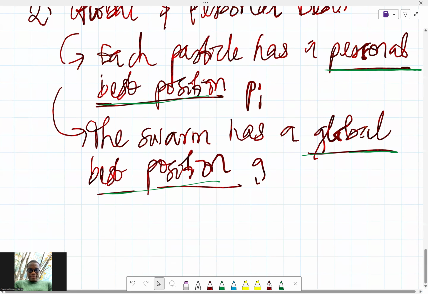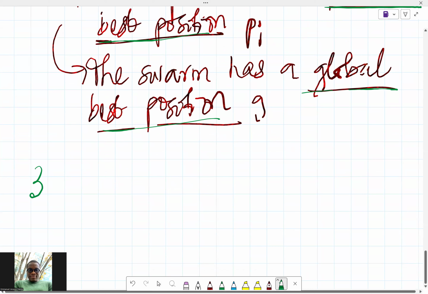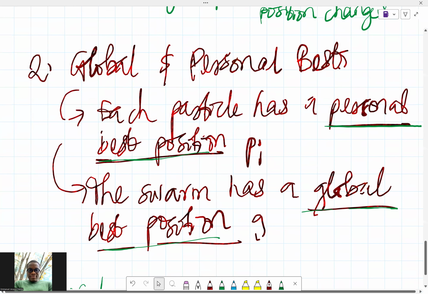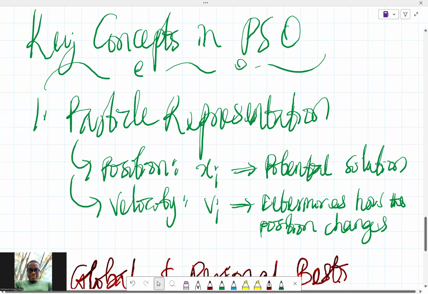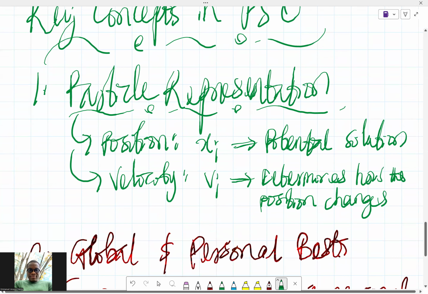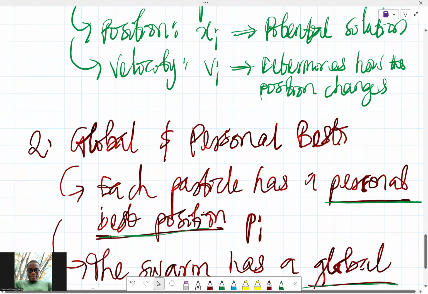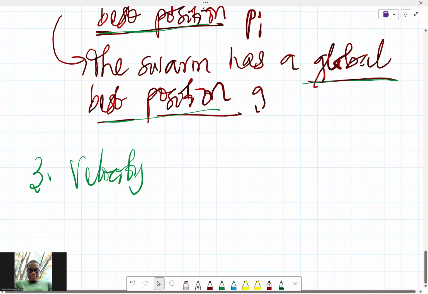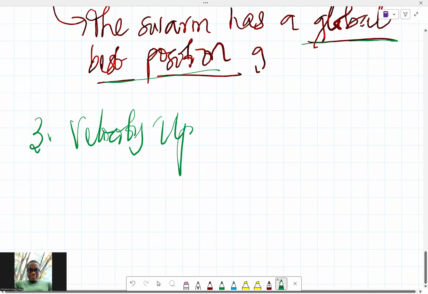Apart from that, we have the next concept here, which is velocity update. In most numerical work we have to update the concepts, right? We have to update what we are dealing with in each step of the iteration. So we have velocity update in particle swarm optimization.